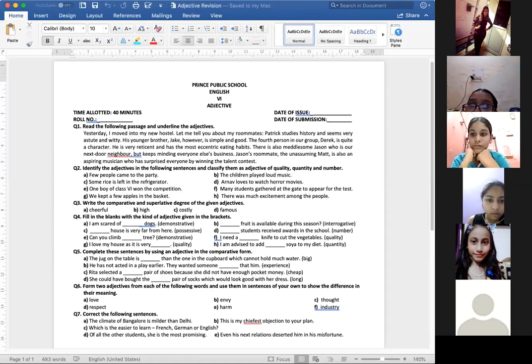Dolly. The climate of Bangalore is mildest than the Delhi. No, that is wrong. How many sounds are there in mild?